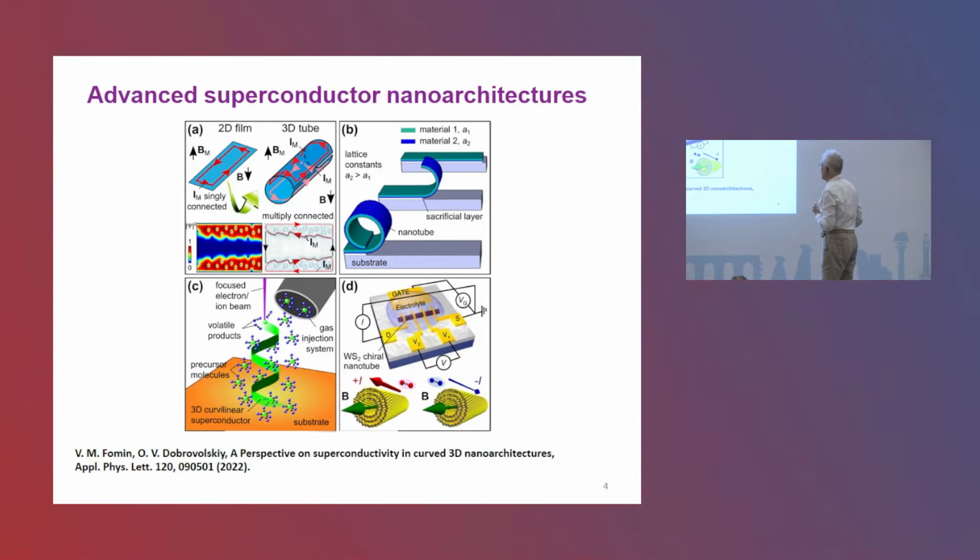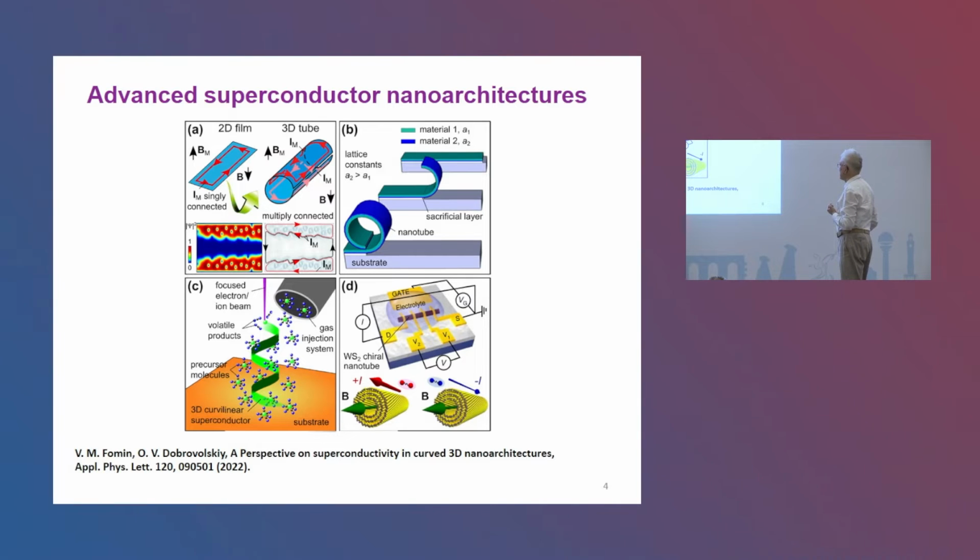And one of them is self-rolling, which has been mastered by our Institute in Dresden and also in many other laboratories in the world. And another one is focused electron or ion beam deposition.